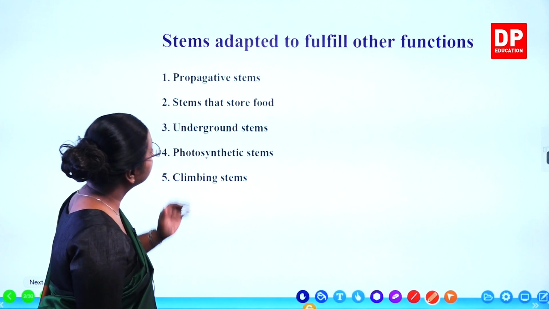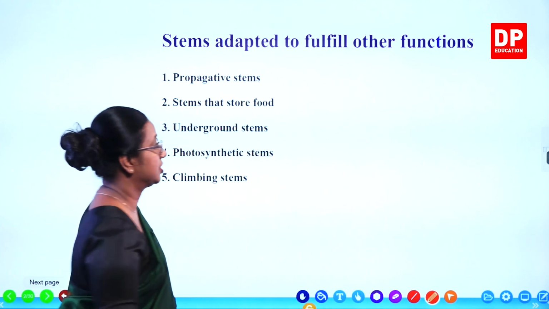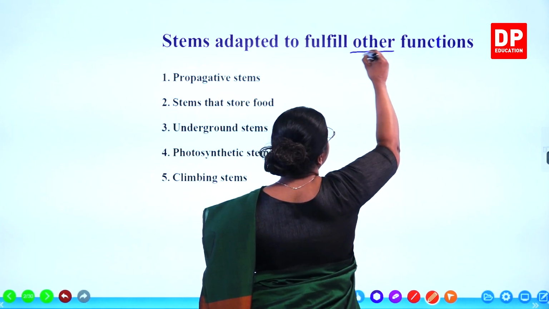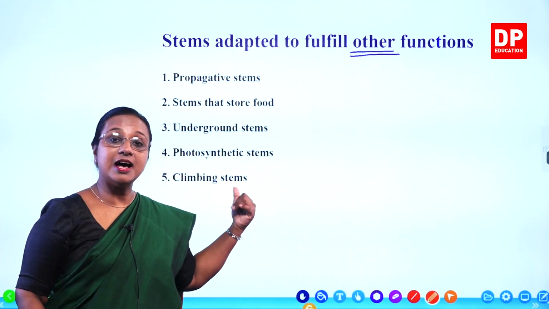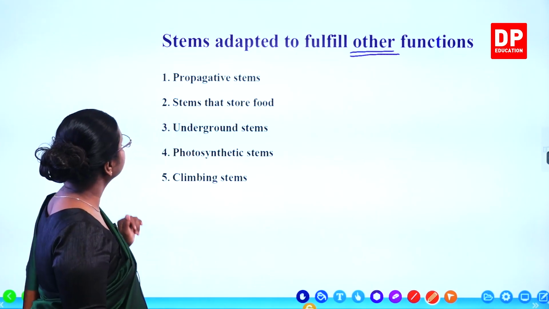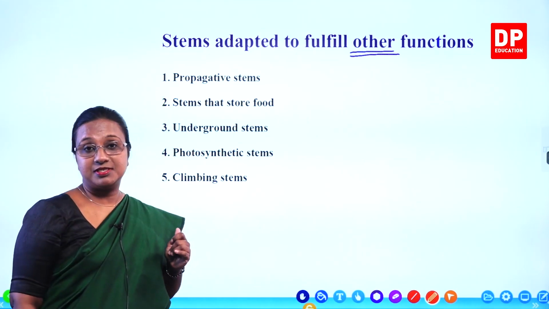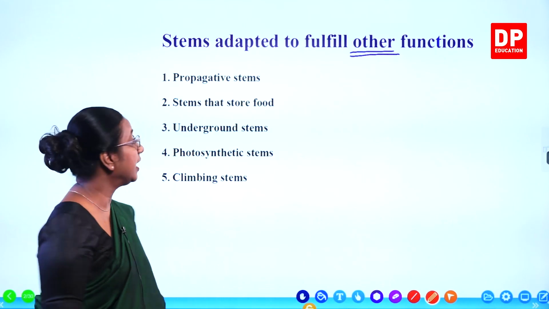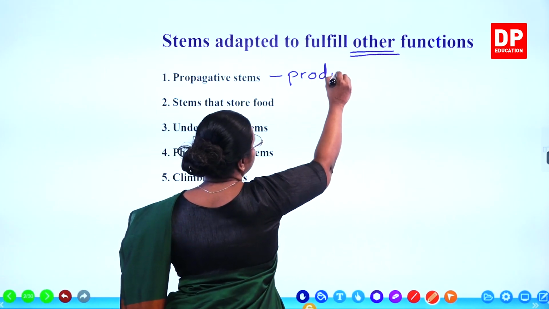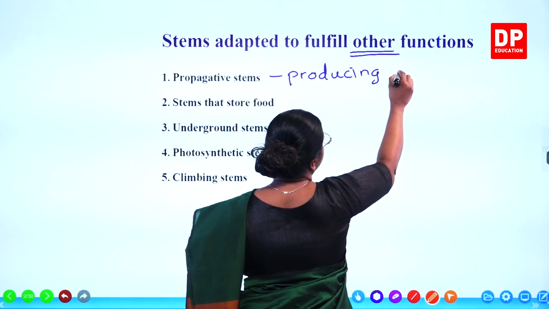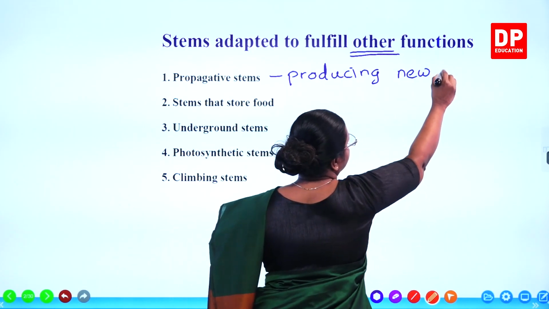Stems adapted to fulfill other functions. So note this, these are other functions, besides the main three functions. What are the functions? Propagative stem. What is the meaning of propagating? Producing new plants.